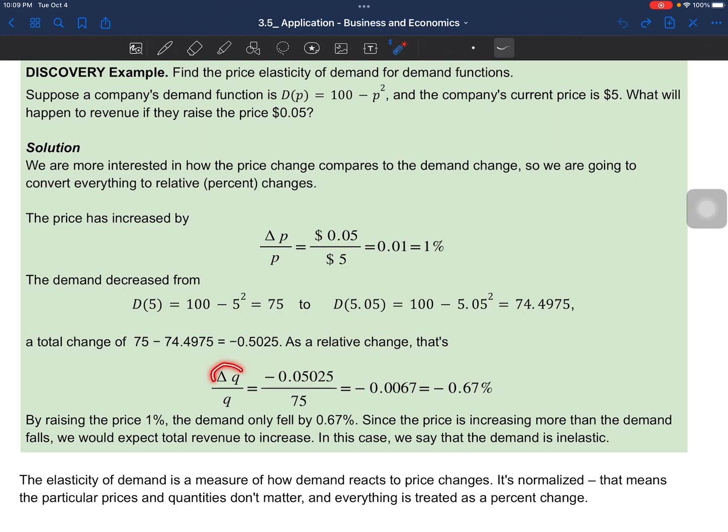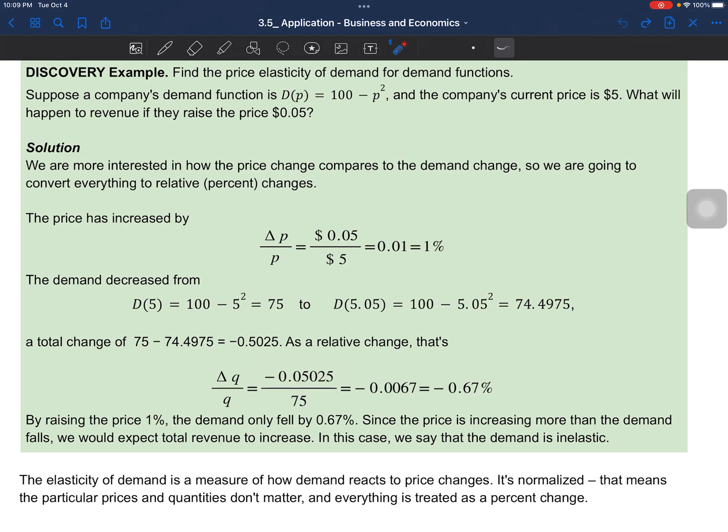So the total change in this case is 74.49 minus 75, which equals negative 0.5025. This is the change in quantity relative to the original quantity. At the original price of $5, we only had a demand of 75 items.